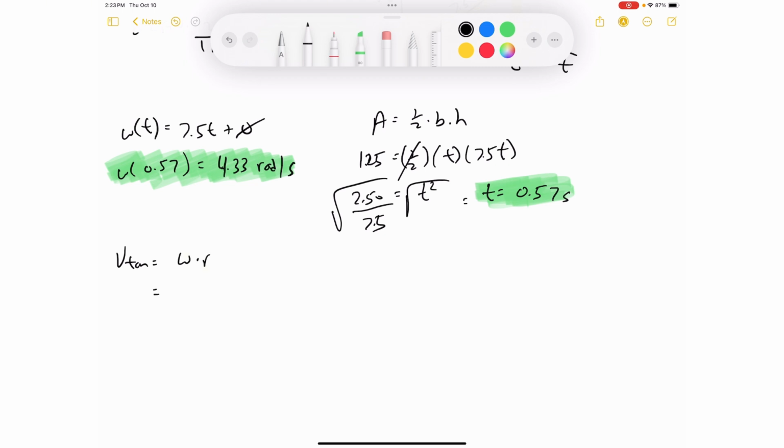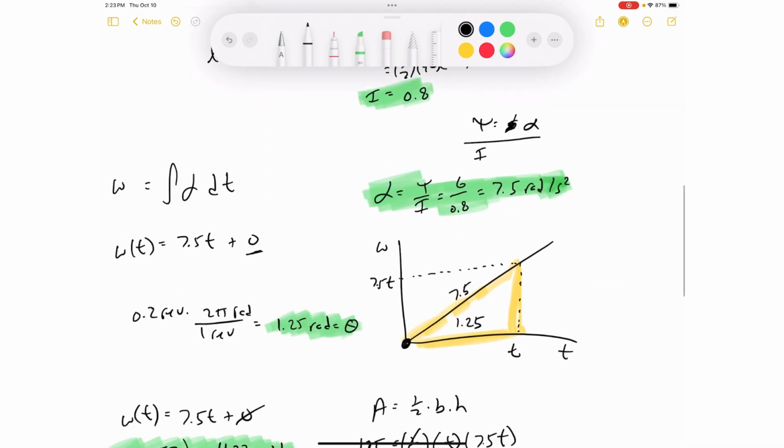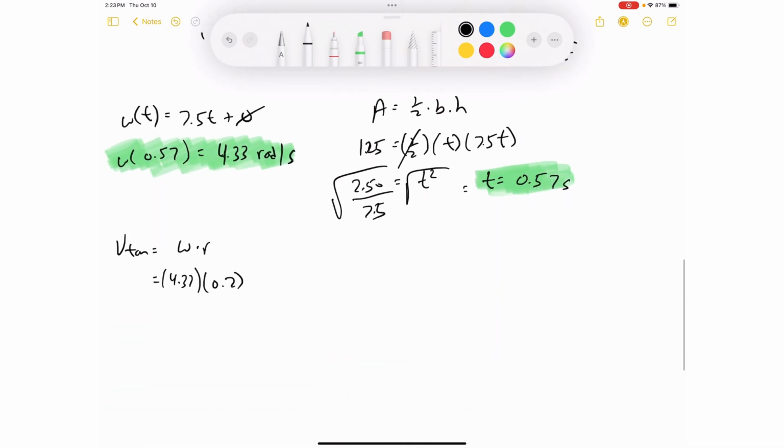How fast am I going? 4.33, remember, after 0.57 seconds, times the radius, which I already have, 0.2. And that'll give me 0.86. And this is in meters per second.